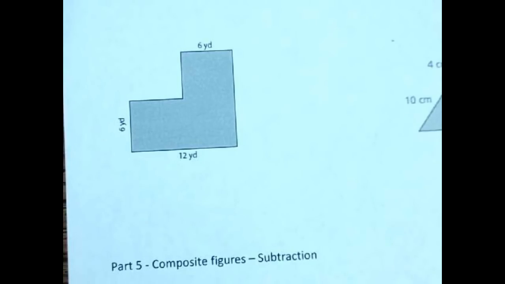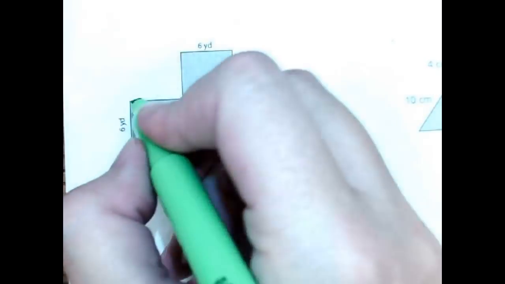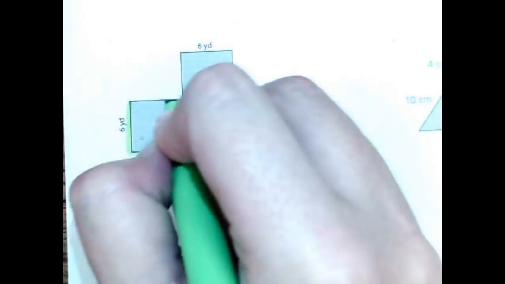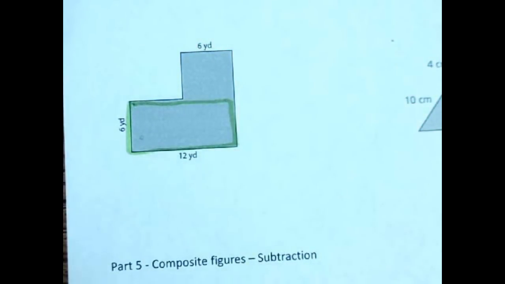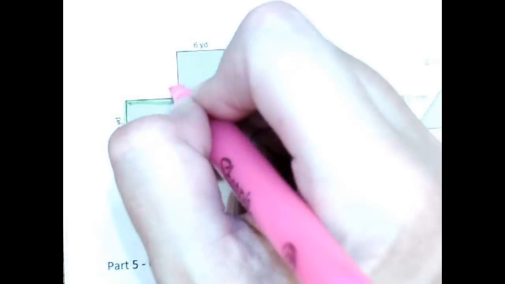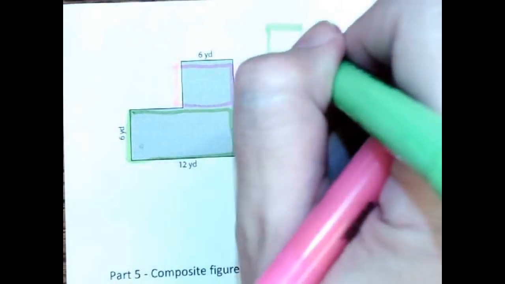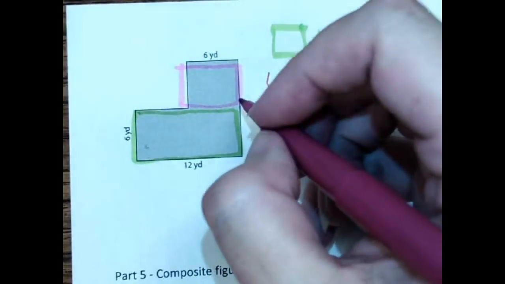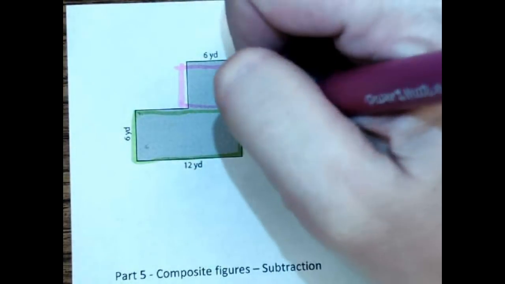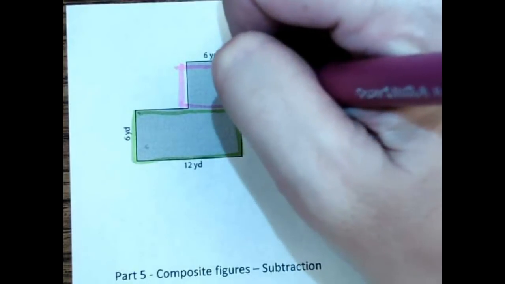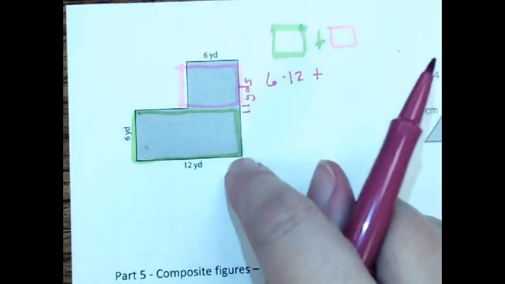Okay, on some of these problems, they don't make it as obvious where the parts are, but we're still going to do the same steps. Divide this into 2 parts I can deal with. Well, I can divide it like this: there's a rectangle, and there's another rectangle. This picture appears to have part of it left off. It should have said 11 yards on this side.